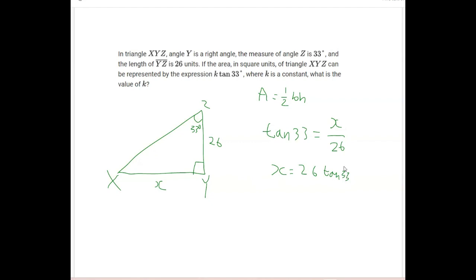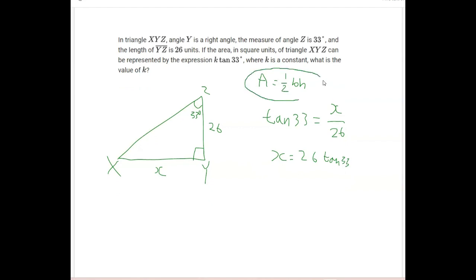Now all we got to do is use this formula to get the area of a triangle. So we get 1 over 2 times base, which is 26 tan 33, times 26, which is our height.